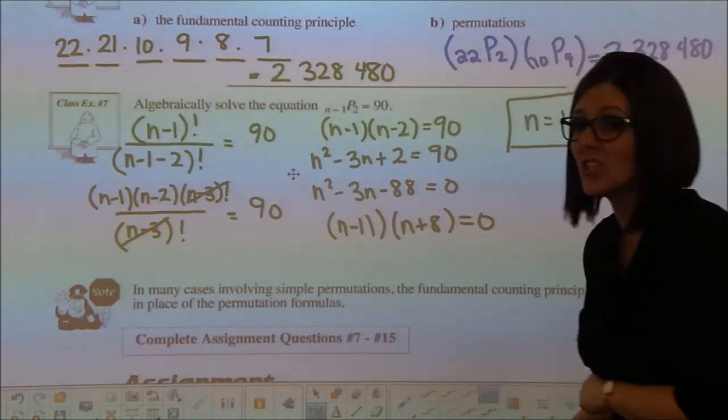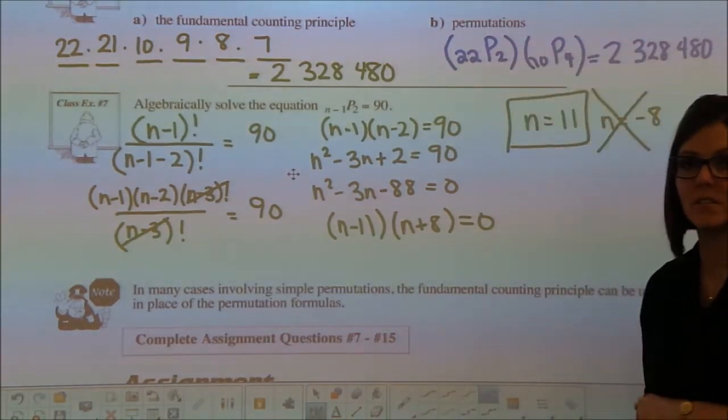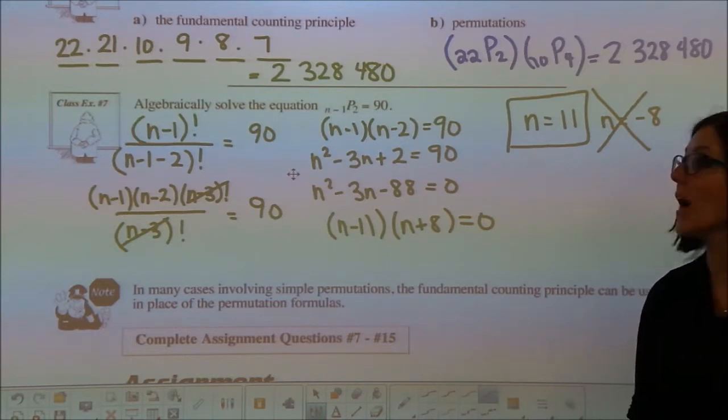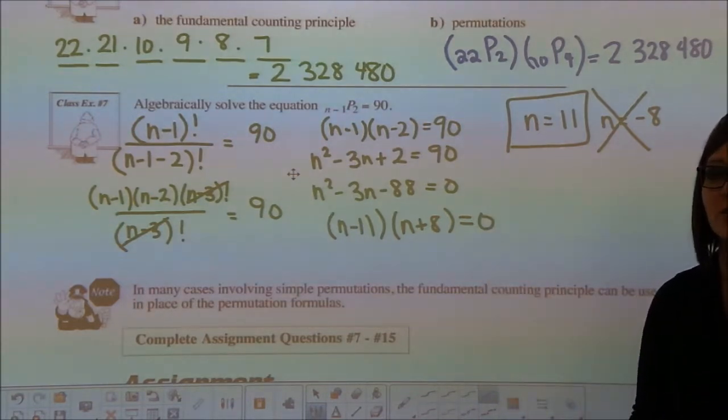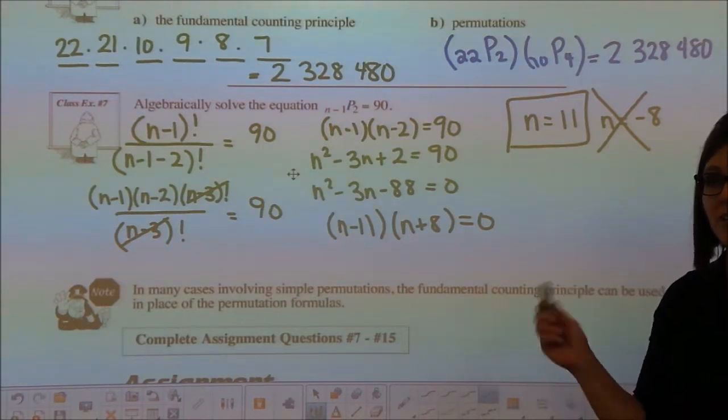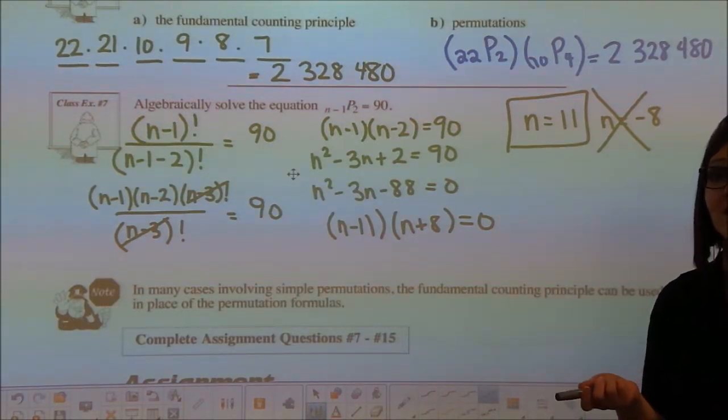So depending on what the question looks like can lead to how you would solve it. This question saying algebraically solve it means that I would be looking for an algebraic solution. But if this was a multiple choice question and you had the 4 answers, you could stick the 4 answers in and guess and check.